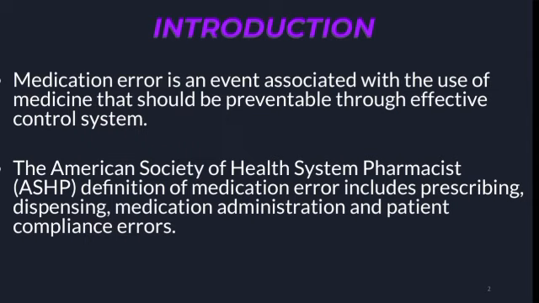Administering error means nurses fail to administer, a missing dose. Missing dose is a kind of error, failing to administer the drug, or they administer the wrong drug. These are the errors that mostly happen in a hospital setting.